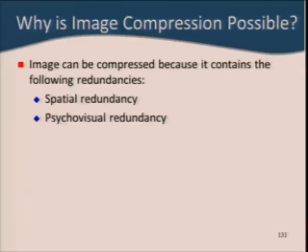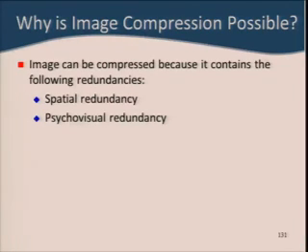Right, so we briefly touched on why you want to perform image compression. The next thing is, why is it possible to perform compression for images? The reason it is possible is because in images there exist two kinds of redundancy, what we call data redundancy.